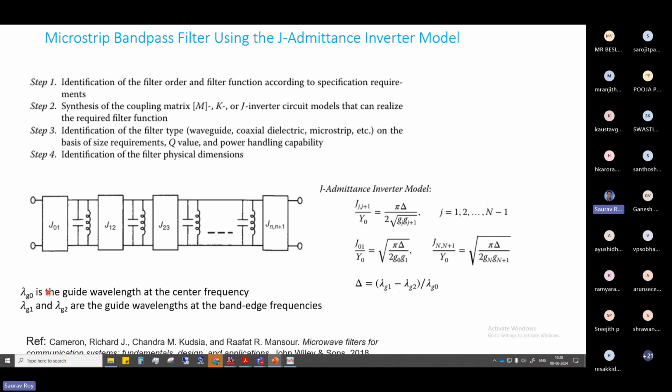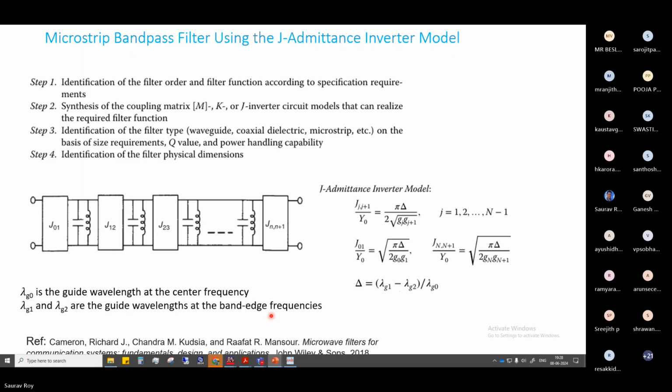Here you have the wavelengths, and delta comes from this value here. What is this lambda G, G1, G2? Lambda G naught is your bandpass filter center frequency, and G1 and G2 come from the lower and upper bands.